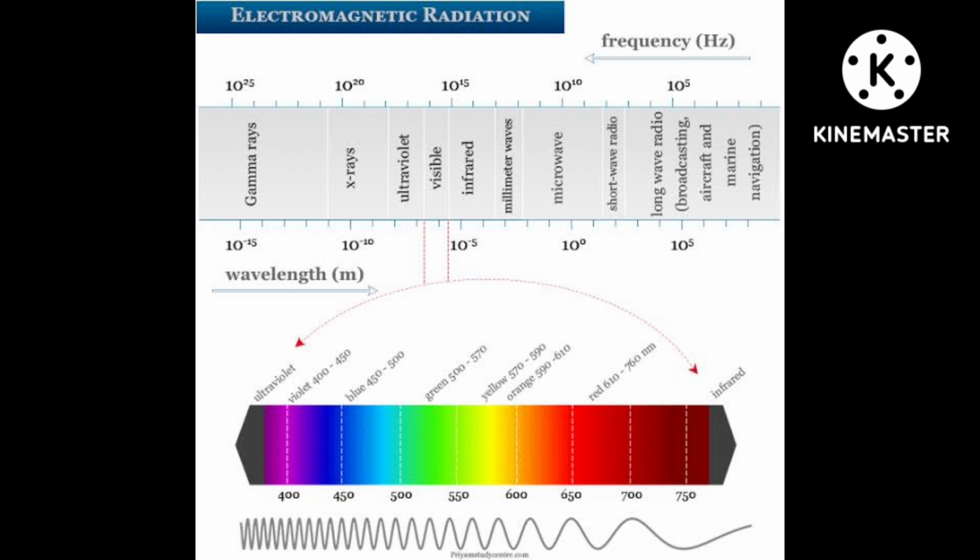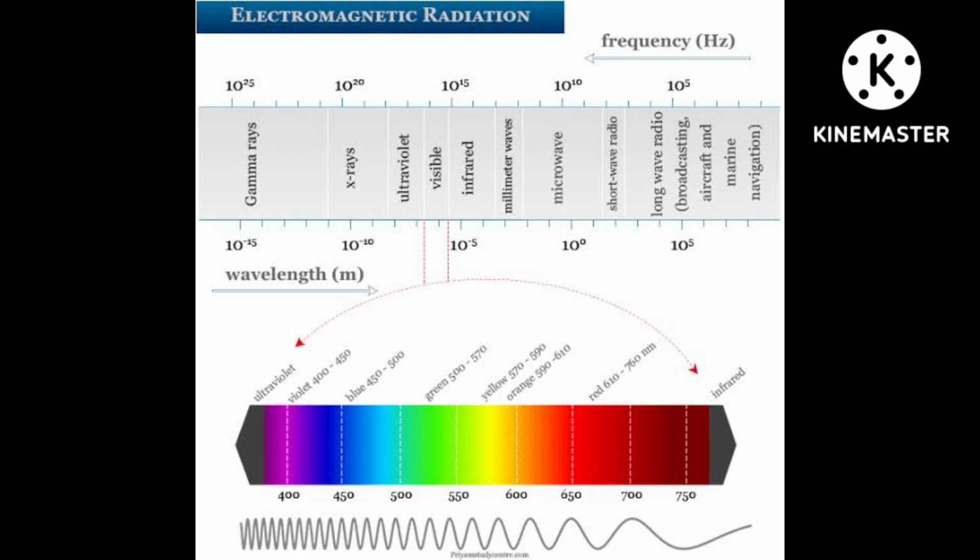So 5800 angstrom means 5800 into 10 to the power minus 10 meter. If you want centimeter, divide by 100, so the power becomes 10 to the power minus 8 centimeter. Anyhow, you have converted into meter: 5800 into 10 to the power minus 10 meter.